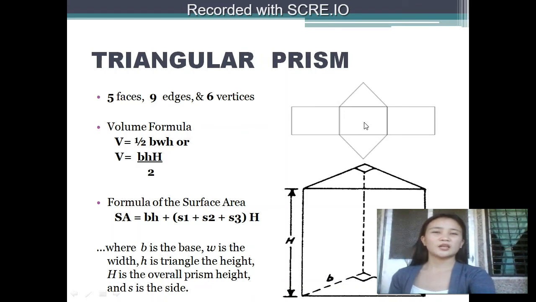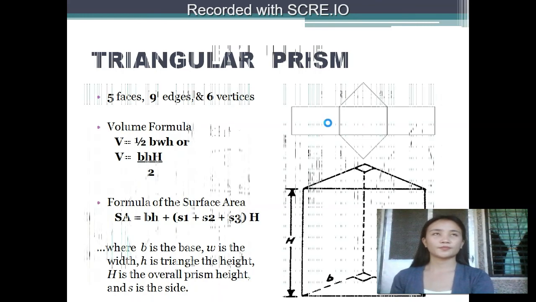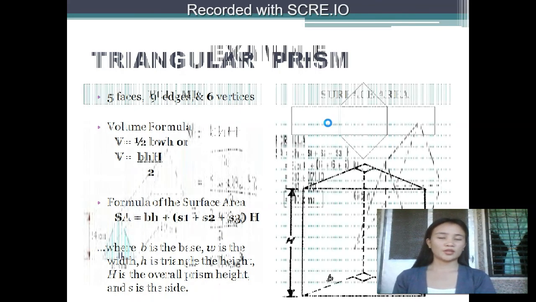It is the triangular prism which is being opened. These are the three rectangular faces, and this and this are the triangular faces. So let's proceed to the example.